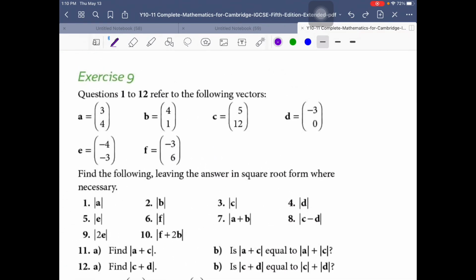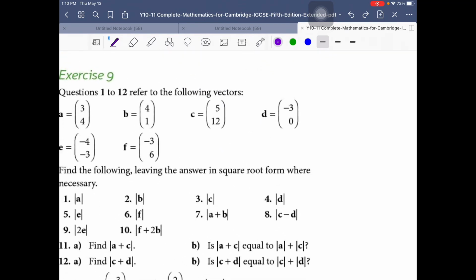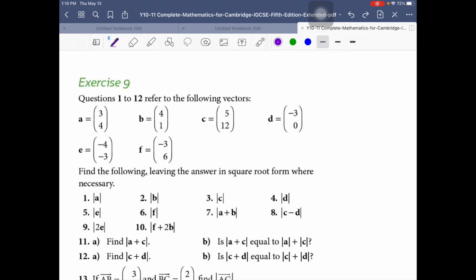Here, exercise 9, this is from the textbook IGCSE page 300. Questions 1 to 12 refer to the following vectors. So this is vector A, this is vector B, likewise other vectors. He's asking us to find number 4. Let's try number 4. Number 4 is the magnitude of vector D. So the magnitude of vector D by the formula is the square root of the sum of squares of the x component, which here is minus 3, and the y component, which is 0.